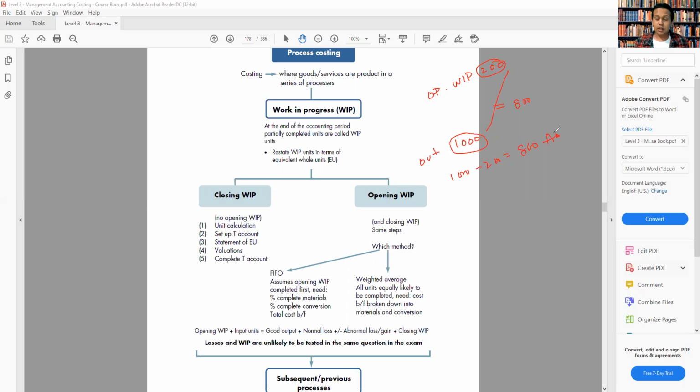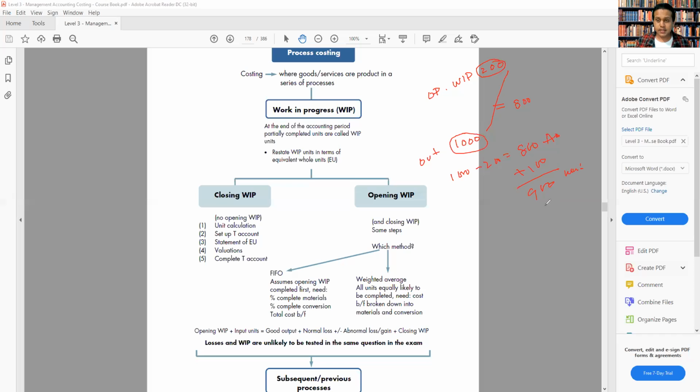The next thing is the closing work in progress. This is the leftover in your warehouse. If the question says you have a closing work in progress of 100 units, you have to add 100 here, so that actually you made 900 units.